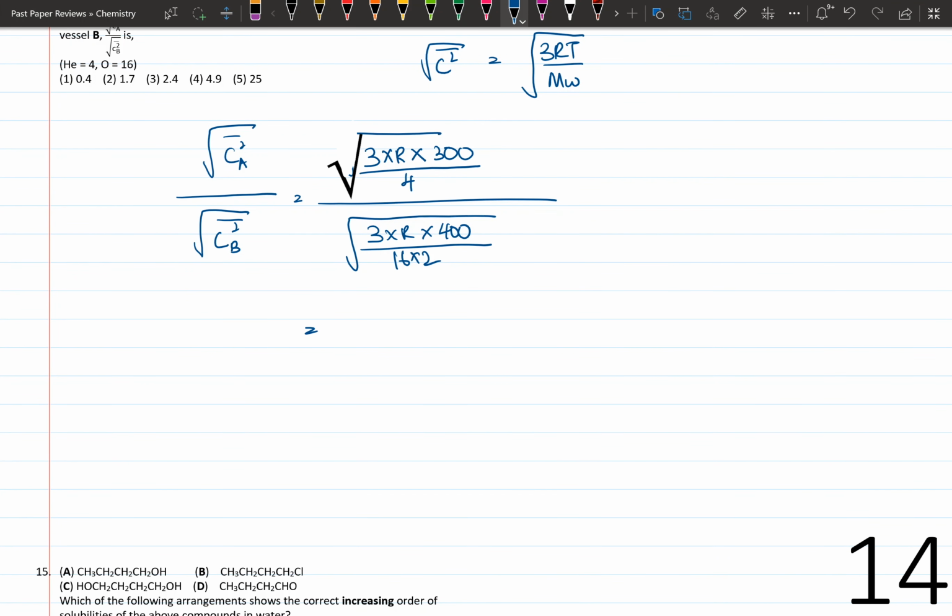Simplifying this gives 2.4. Therefore, the answer is 3.